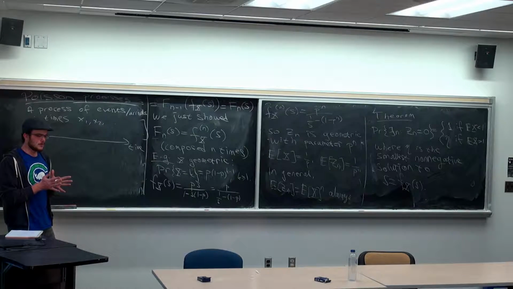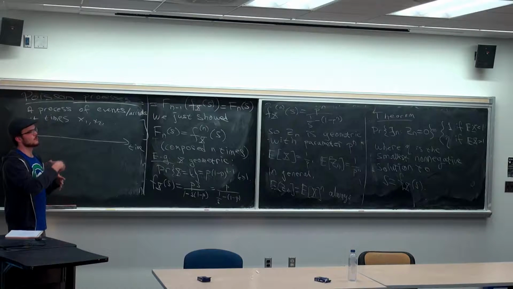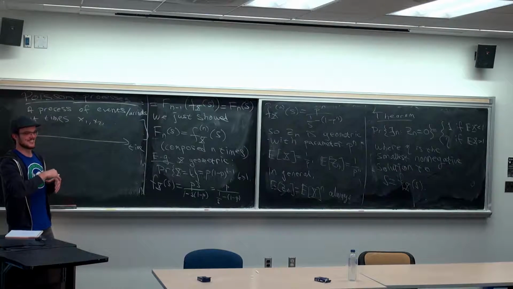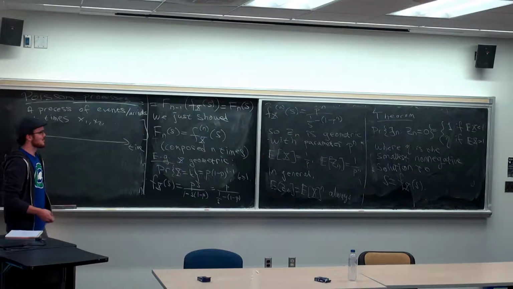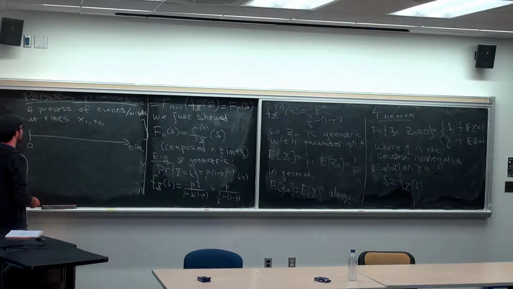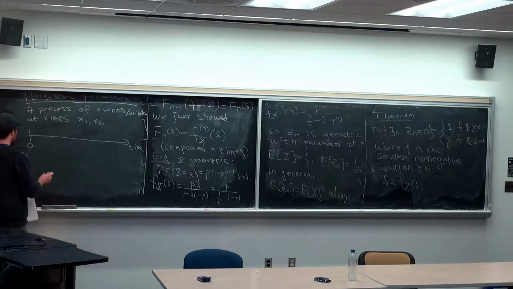When you look at an atom, you never know when the next decay is going to happen, when it's going to shoot out a neutron or whatever. But I know that it follows the Poisson process. It's a totally unpredictable process, in a sense.